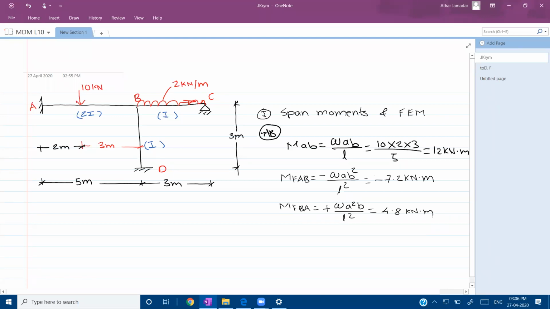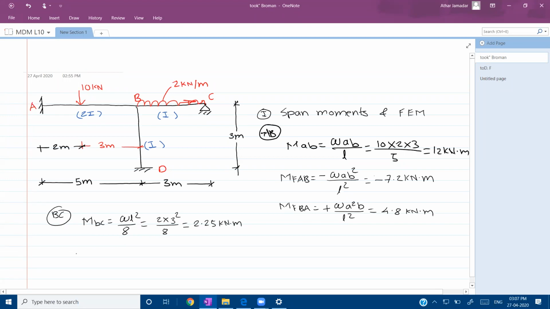Similarly, for span BC, MBC, that is span moment BC, is going to be WL square divided by 8. So W is 2 into L is 3 square divided by 8. So this is equal to 2.25 kilonewton meter.